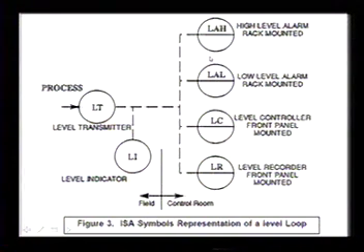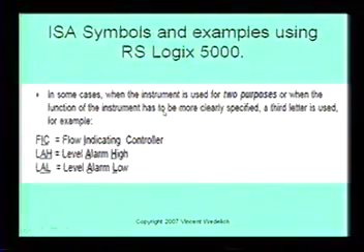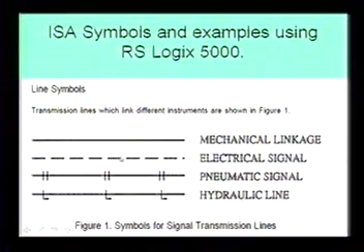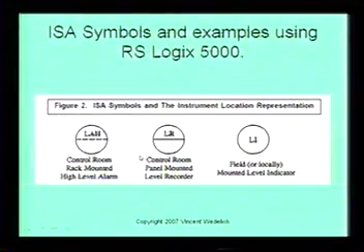Okay, so here we have an entire process. The process is connected to this LT, which is a level transmitter. It happens to have an LI connected to it, a level indicator. So the operator can walk up to this level transmitter and know the actual level in the tank. These dashed lines are what again? Electrical, right? So if we go back up here, you see the dashed lines are electrical signals.